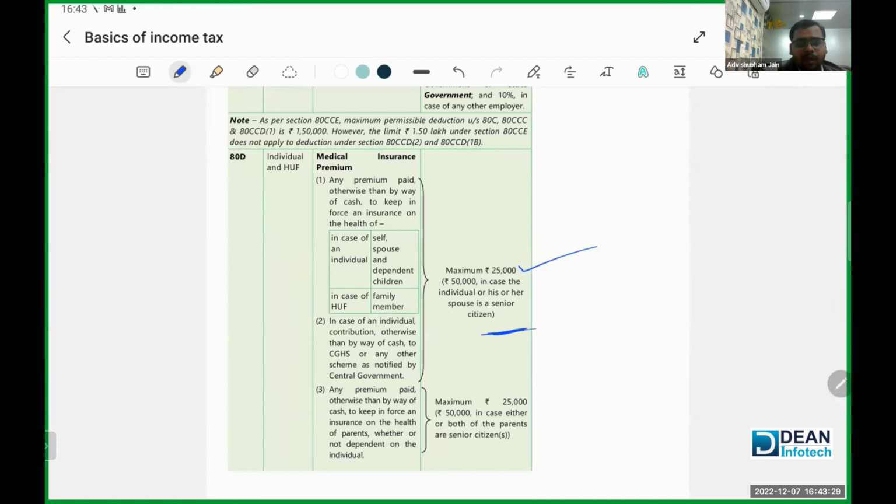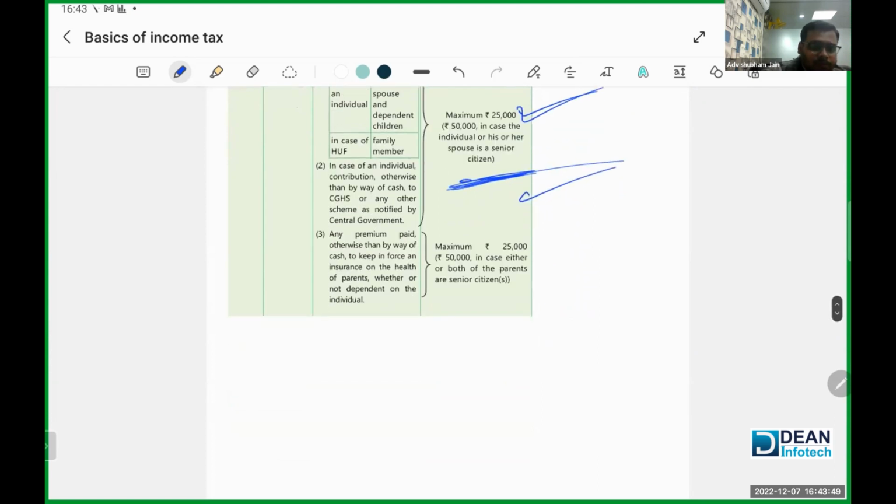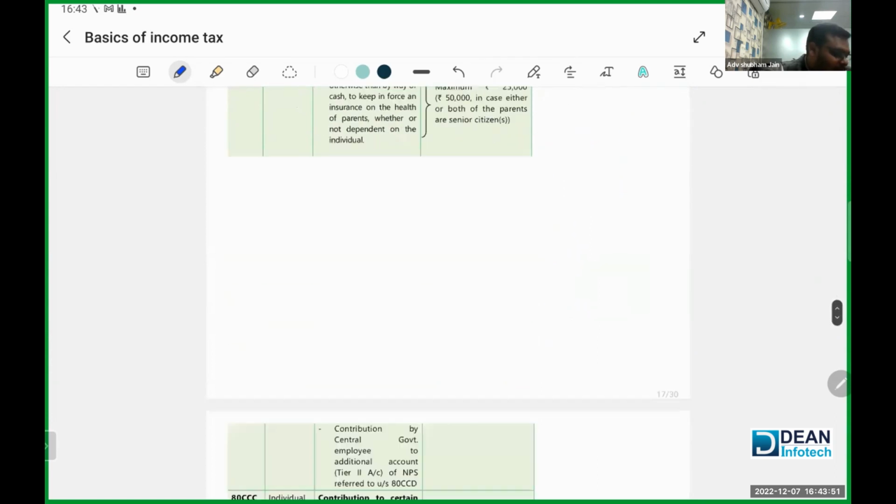If you have paid the premium from your particular account for your parents in a particular financial year, then you can claim deduction, apart from this 25,000 rupees, of rupees 50,000 in your ITR. But the condition is that you need to pay it from your particular account for your parents only. Then only you will get this deduction of 50,000 rupees in your ITR. This is the basic of 80D.